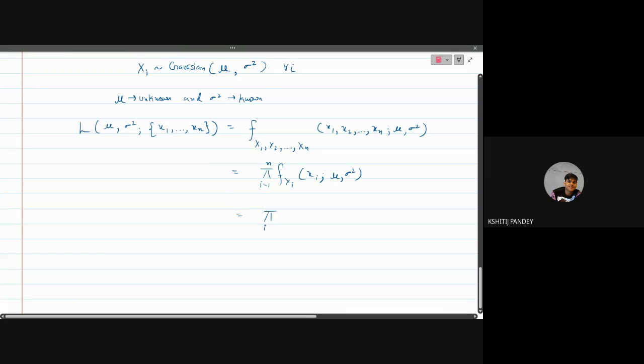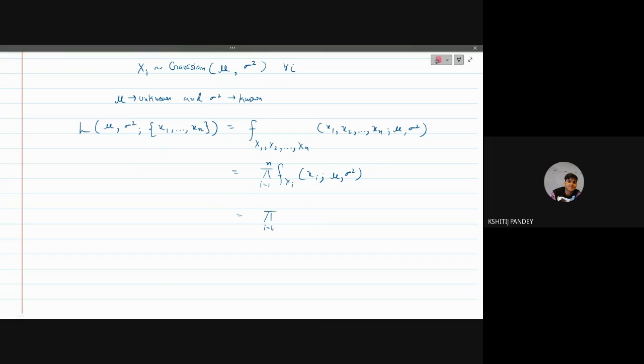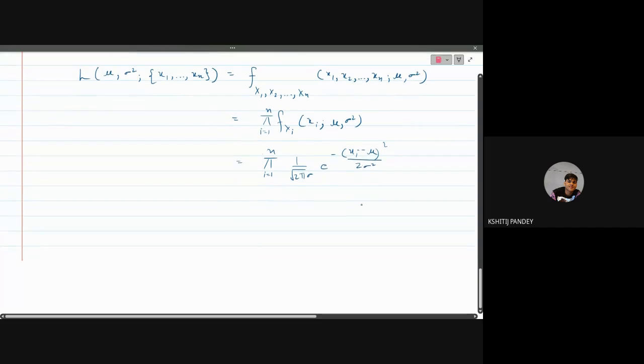Product from i equal to 1 to n of 1 by root 2 pi sigma, e raised to the power minus xi minus mu whole square divided by 2 sigma square. This is the PDF, and we are multiplying the same thing again and again for n times.